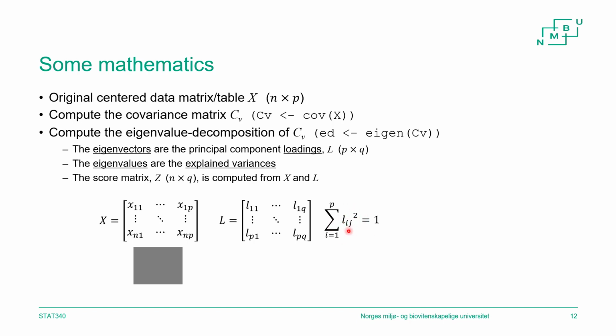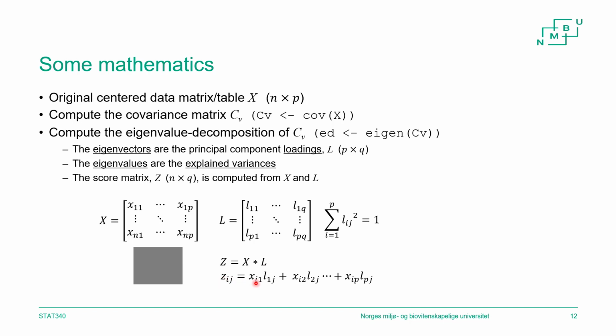So notice that the values of this one all scale to 1, sorry, the sum of squares is 1, so it's a restriction on these loadings. And that makes it a rotation, otherwise it would also be scaling the original axes. And then you find the scores like this. You take the original data and you just rotate by the loading matrix. So this is an inner product.